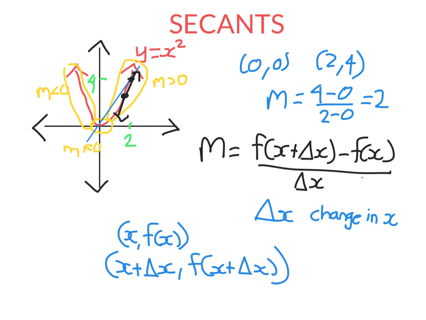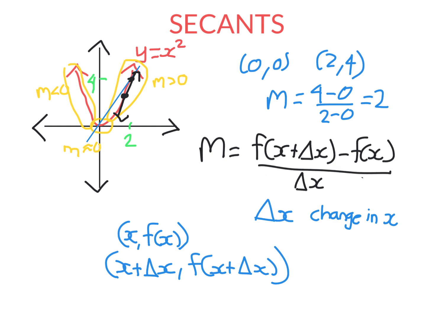So this is our formula here for the rate of change, the average rate of change of a function between 2 points, which is the same as the gradient of the secant. So for our blue line here, note delta x was 2 because between this point and this point, the change in x values was 2.